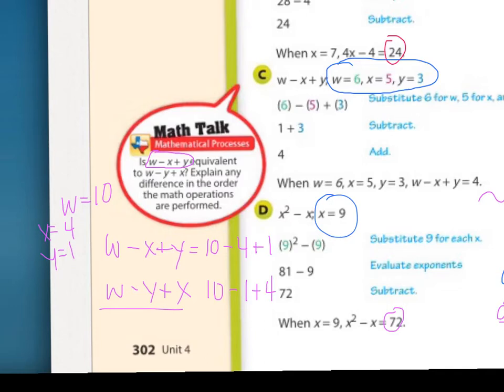Remember, you work the problem in order from left to right. Well, you don't have any multiplication or division, so it's add and subtract from left to right. So 10 minus 4 is 6. 6 plus 1 equals 7. Let's see if we get 7 down here. 10 minus 1 is 9, and 9 plus 4 is 13. Oh, so there is a difference in how we do that.